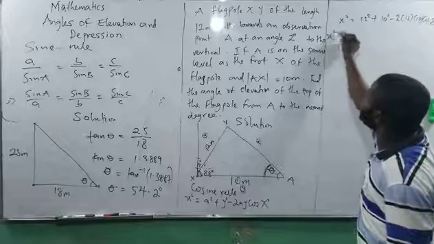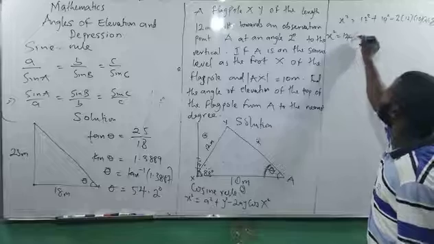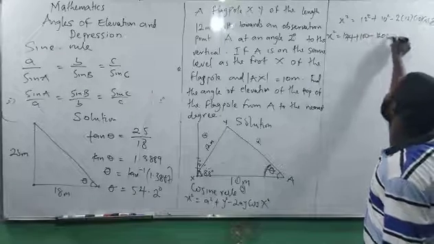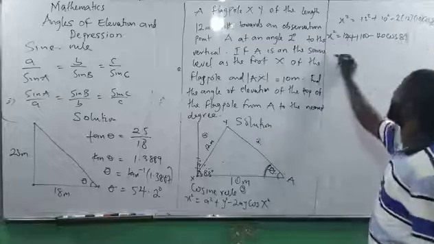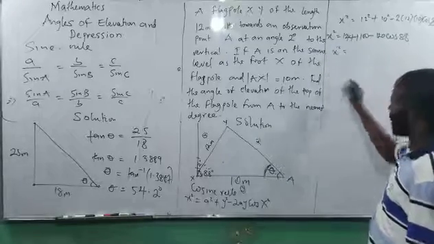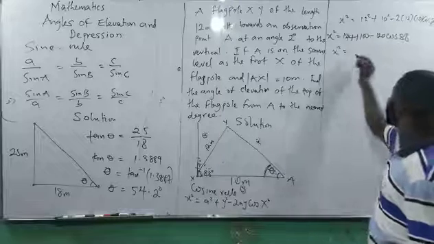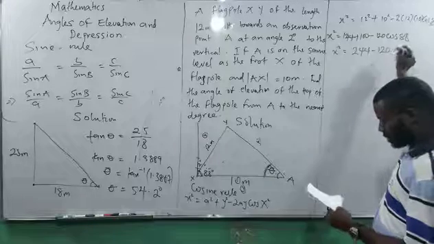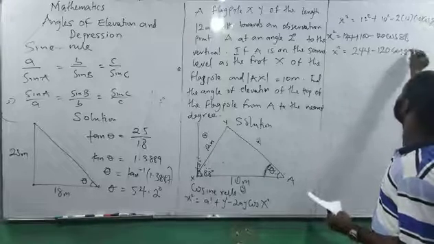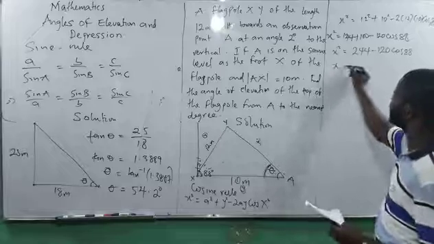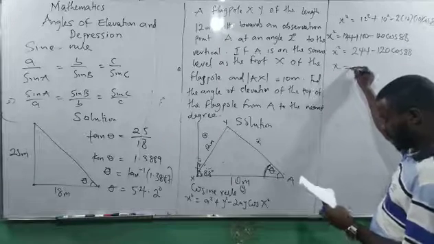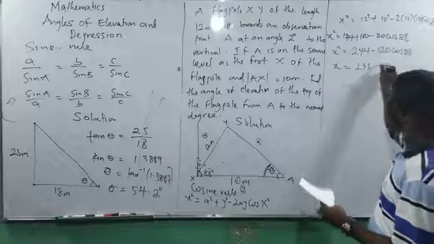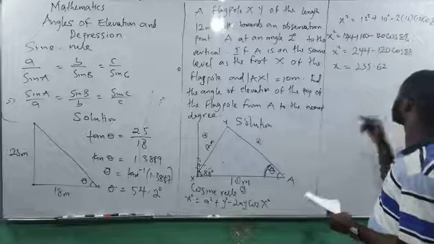Now it means my x squared equals 144 plus 100 minus 120 cos 88. Now my x squared will equal, when I add the two numbers together, 244 minus 120 cos 88. Now my x squared will be 235.62.